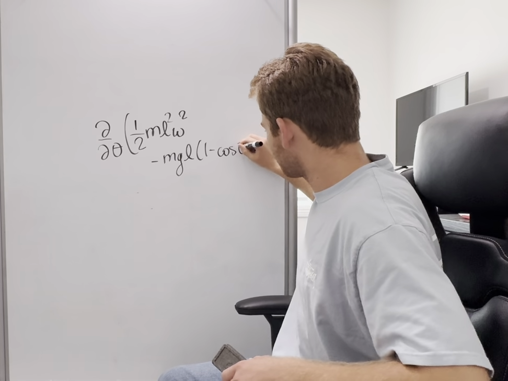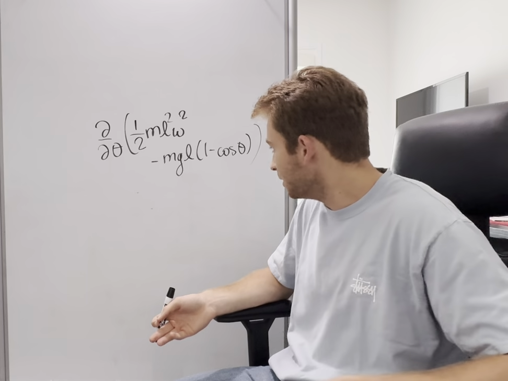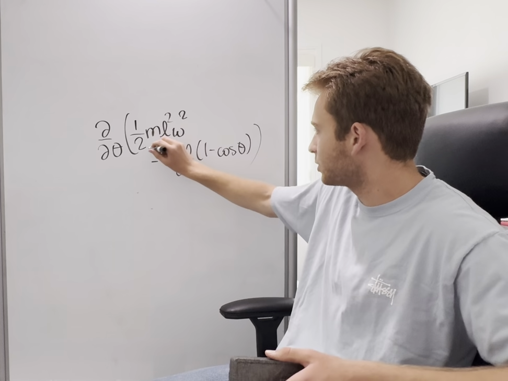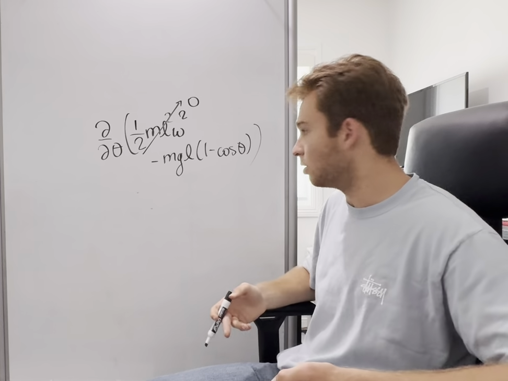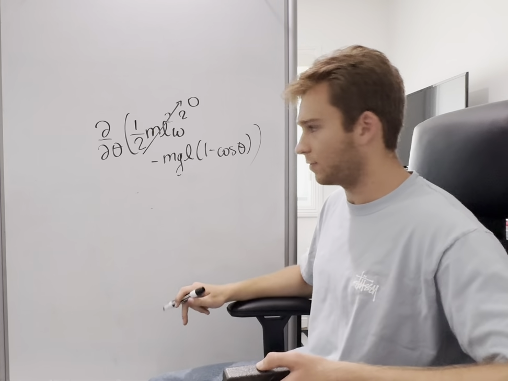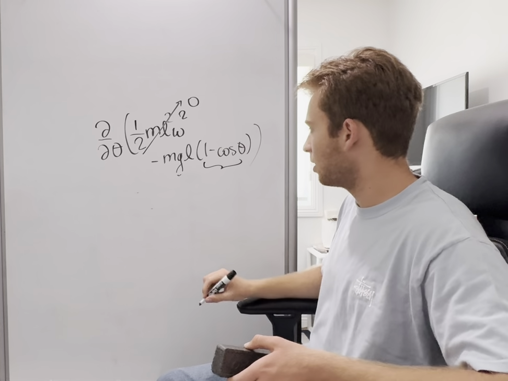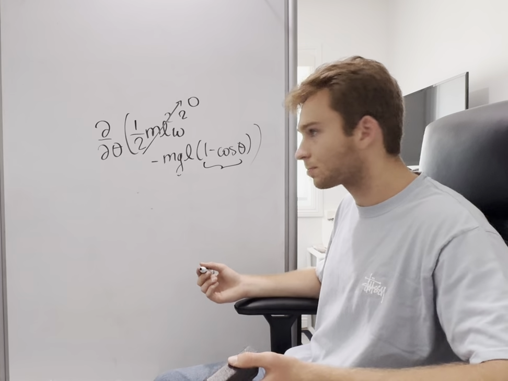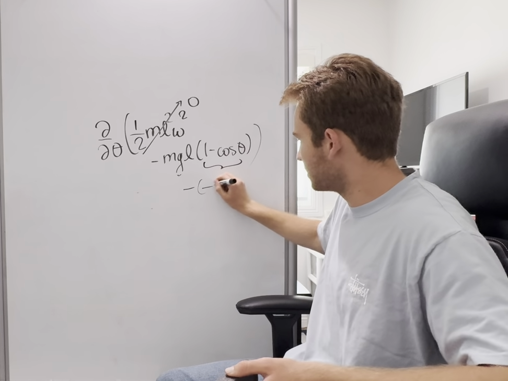Now, since it's a partial derivative, everything that isn't theta is treated as a constant. And so this whole term here goes to 0 because it doesn't include theta at all. However, this term right here, we take the derivative of that with respect to theta. The derivative of 1 minus cosine theta is negative, the derivative of cosine theta is negative sine theta.